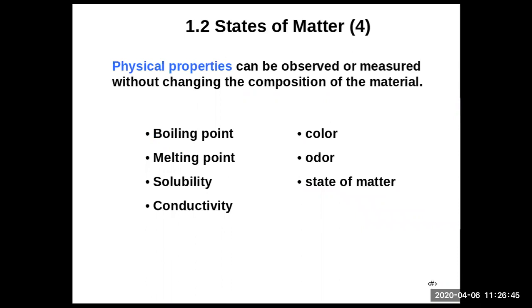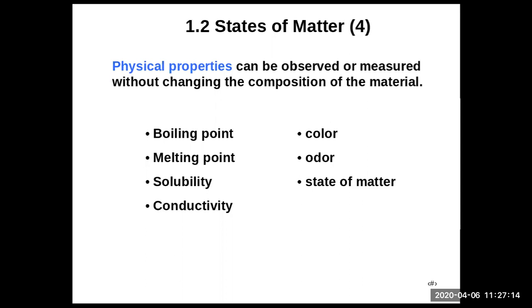So now we will talk about physical properties. Physical properties of matter can be observed or measured without changing the composition of the material. Changing the composition means changing the identity. You're not able to change the identity of your material when you are looking at a physical property.